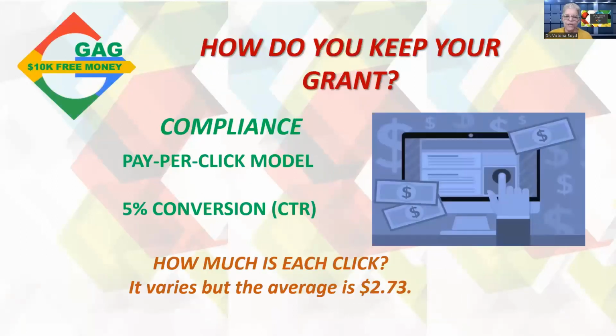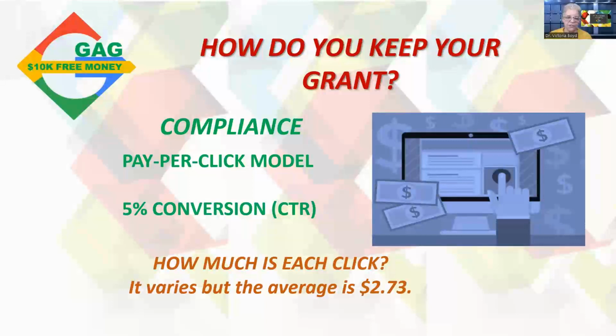So, how do you keep your grant? That's a common question, and it can be difficult because they use what is called a pay-per-click model, or a click-through rate, CTR, or a conversion where you have an ad out there, it attracts interest, and people actually click the ad.